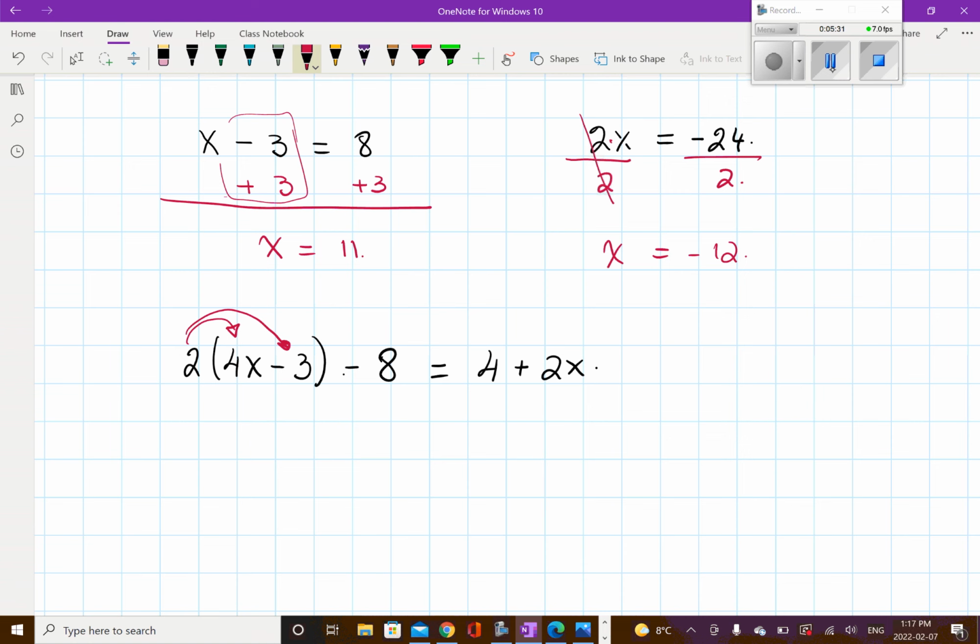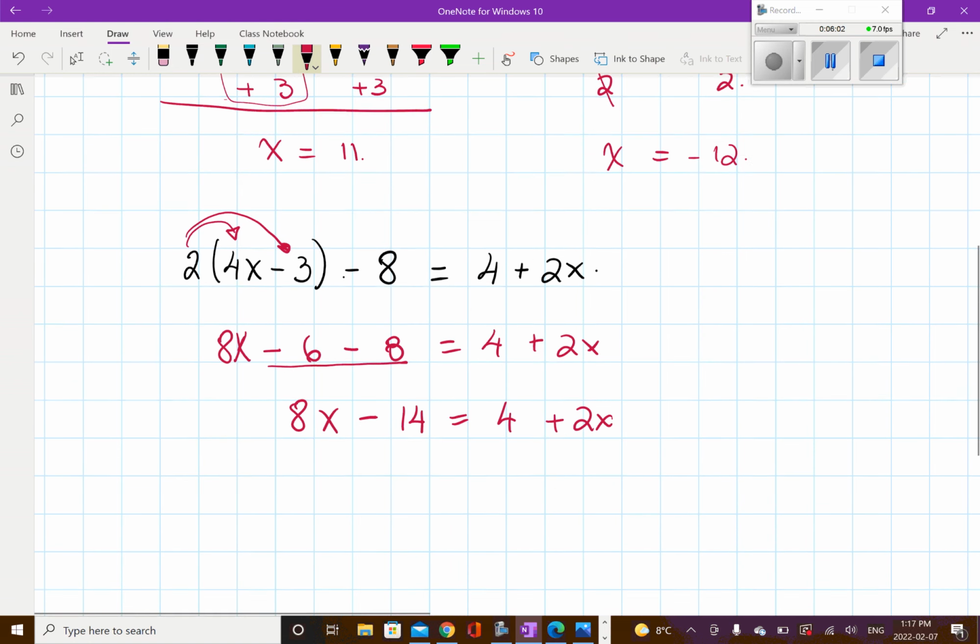When you're distributing, you're multiplying whatever is the coefficient in front with every term inside the brackets. So this will be the same as saying 8x minus 6 minus 8 is equal to 4 plus 2x. And now combining those two terms, 8x minus 14 is equal to 4 plus 2x.